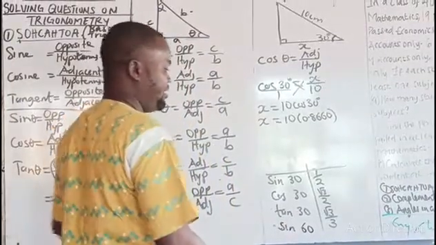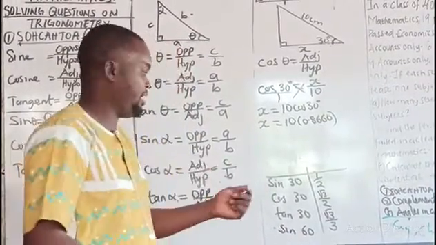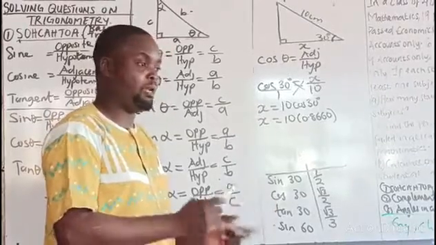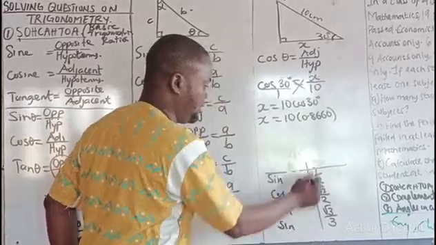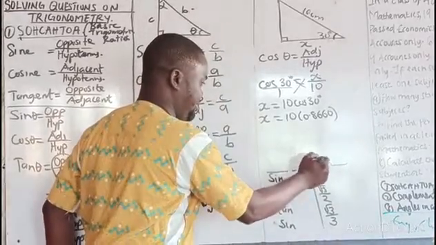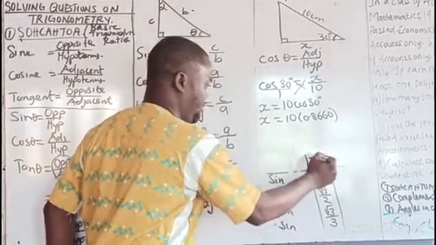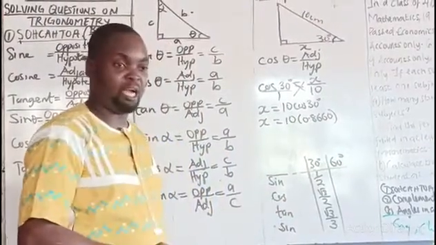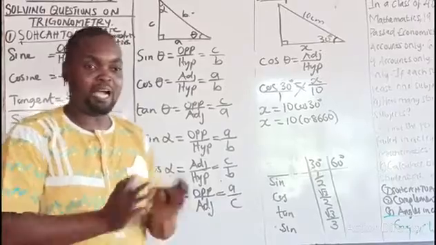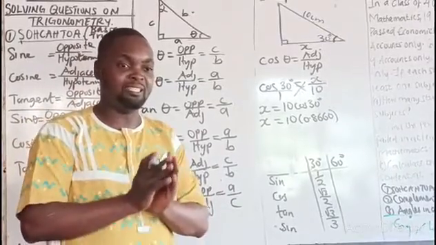Now, there is something we also need to know there. Sine and cos are complementary. Okay, let me do it like this so that it will be easy. For 30, we have this. For 60, sine and cos are complementary angles. What do you mean by complementary angles? Angles that add up to give us 90 degrees.